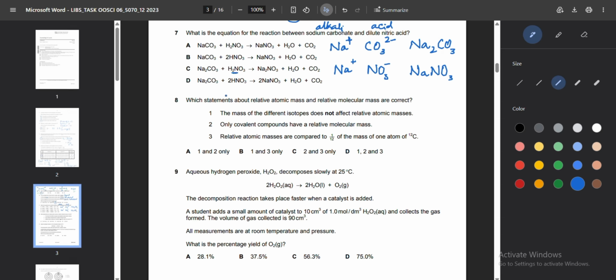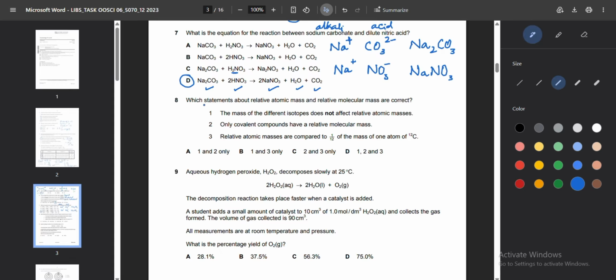For nitric acid the formula is wrong, so our correct option is D, because the formula of sodium carbonate is also correct. Nitric acid, the formula is correct. Sodium nitrate, the formula is correct for water and for carbon dioxide, and the equation is balanced as well. So option D is the correct option.